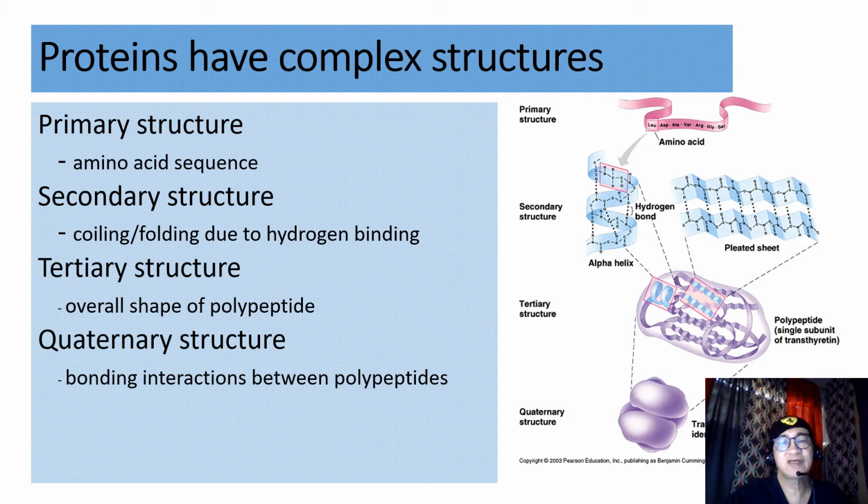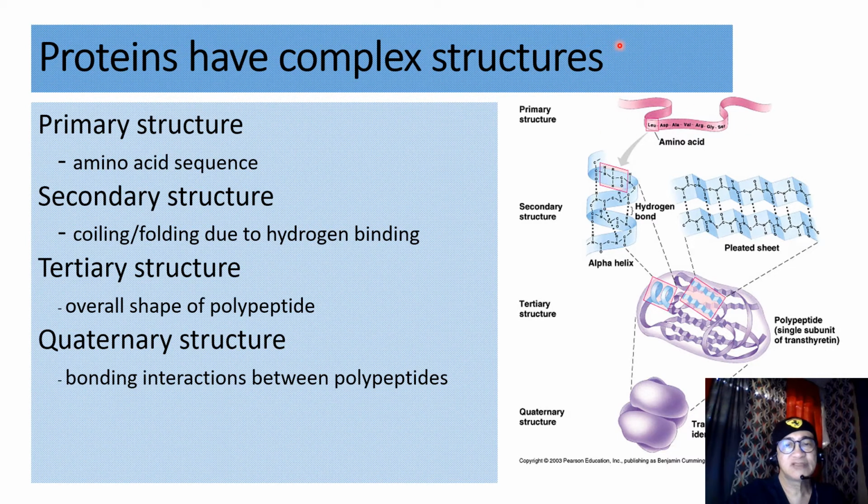Proteins have very complex three-dimensional structures. To make analysis of the protein easier, we often take a look at them at 4 levels of structural dimensions: the primary, secondary, tertiary, and quaternary structures. The primary structure refers to the sequence of amino acids in its polypeptide chain.